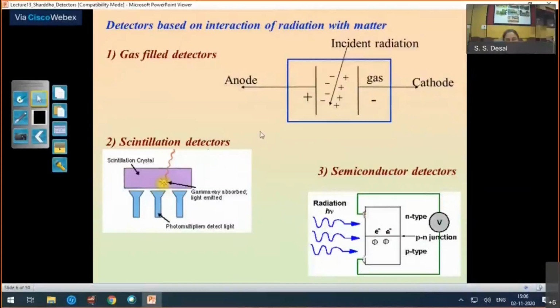Among various other interactions, one is ionizing the gas medium. There is also scintillation, where direct ionization is not possible.